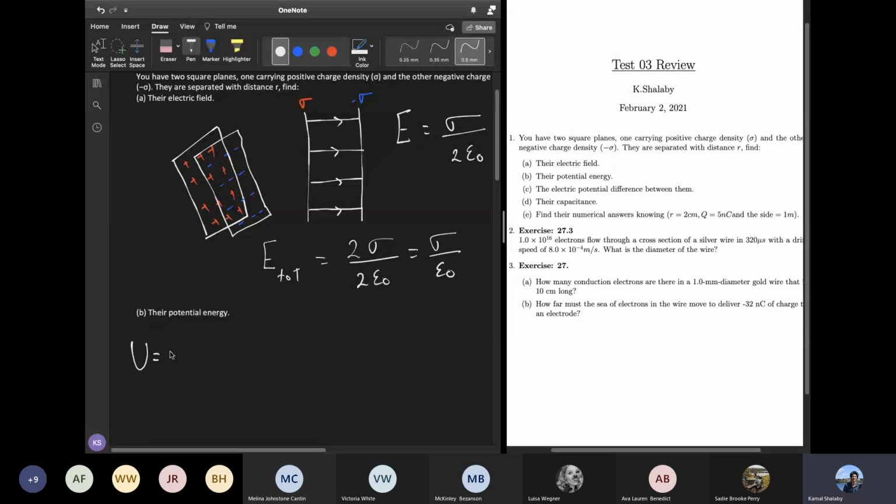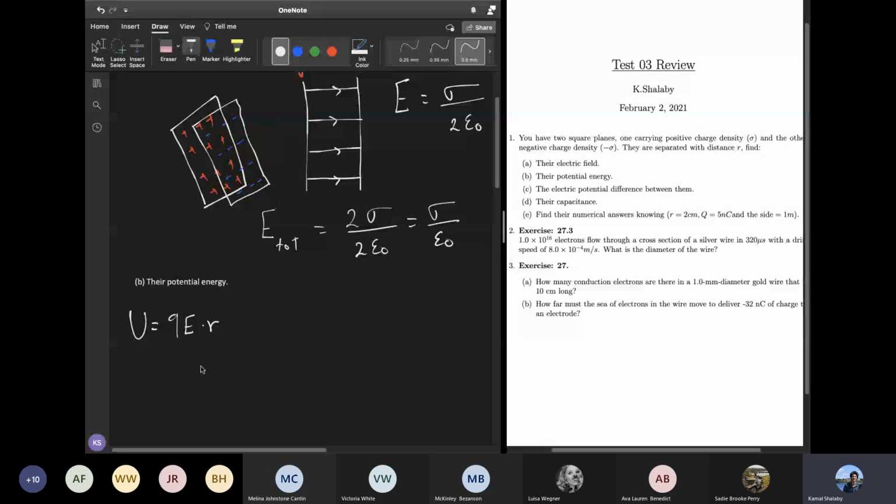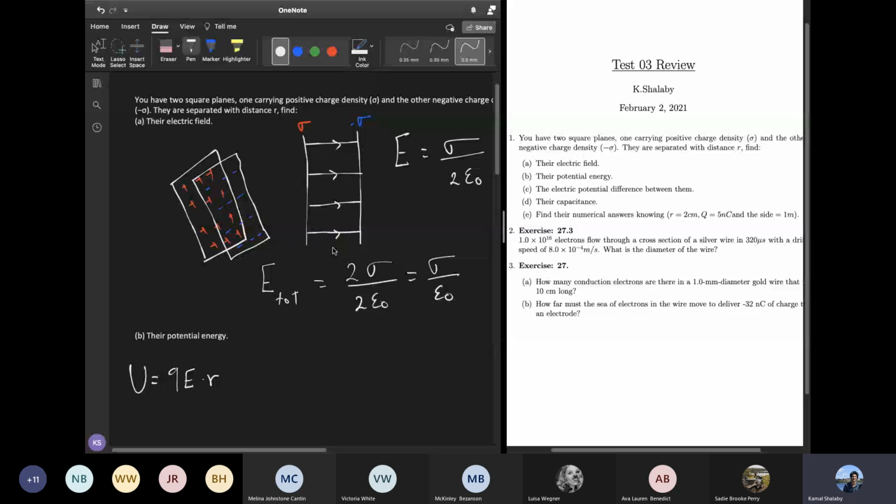In general, the potential energy is equal to Q E dot R. Okay, so what we can do is we can look at the potential energy from the point of view of the positive charge plane, once the negative charge plane comes to it. Or the other way around, because both of them would be the same.